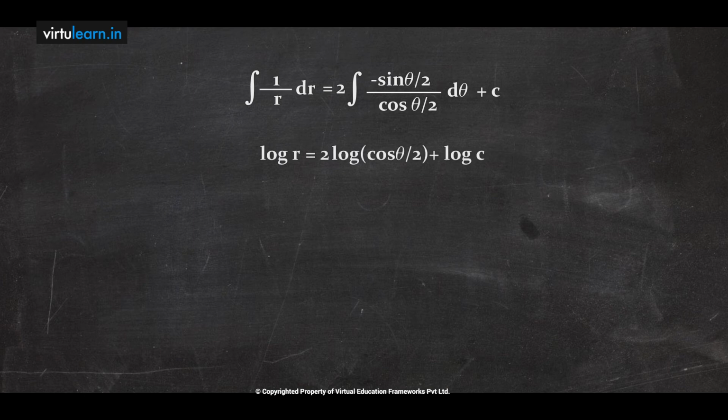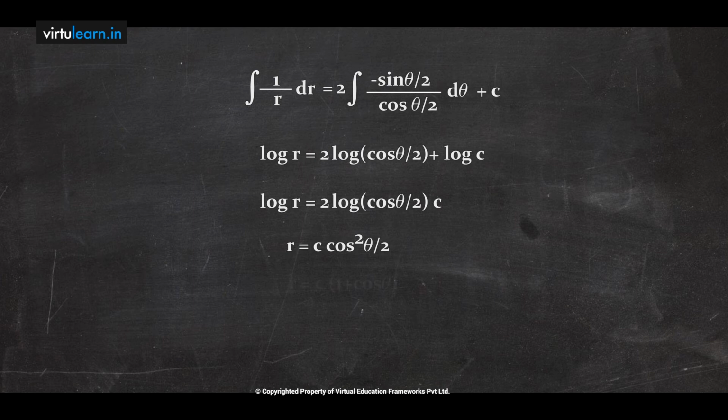Then 2 minus sin theta by 2 cos theta by 2 d theta plus c gives 2 log of cos theta by 2 plus log c. That implies log r equal to 2 log cos theta by 2 into c, so r equal to c into cos square theta by 2. This is the orthogonal trajectory of the given family of curves.